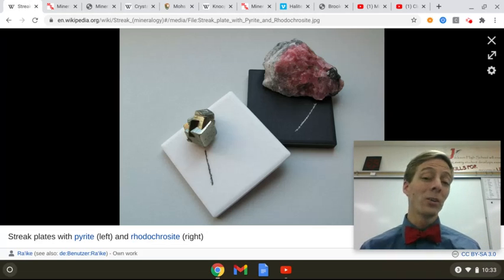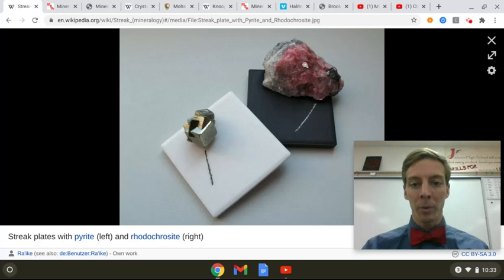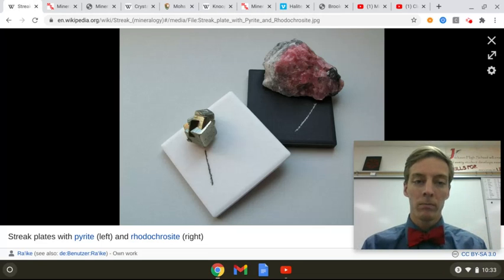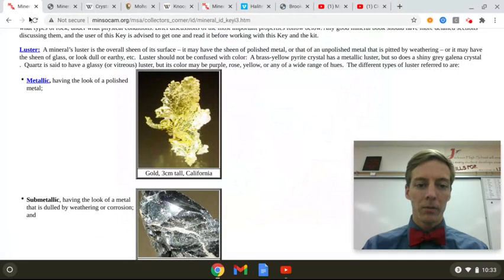I know I said color is not that useful, the color of the bulk mineral. Is it gray or is it pink? I don't know. The color of the bulk mineral is not that useful. The color of the streak can be very descriptive. It can narrow things down quickly. This will powder the mineral. You just want to see what it does.